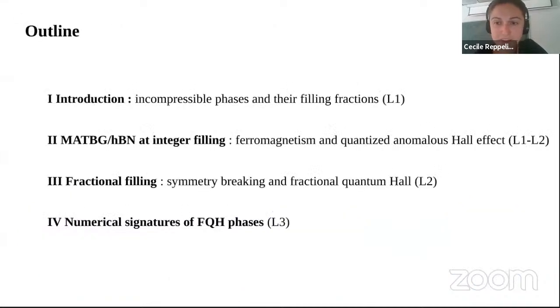So this is a brief reminder of the general outline of the series of lectures, including what we did yesterday, which was an overview of some incompressible phases and their filling fractions, and how increasing the length scale in these Moiré superlattices helps you explore the Hofstadter butterfly physics, and also how in some Moiré superlattices, topology and interaction effects conspire together to give rise to ferromagnetism and quantized anomalous Hall effect.